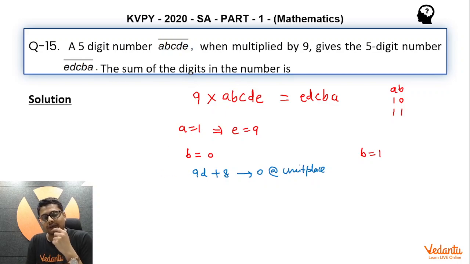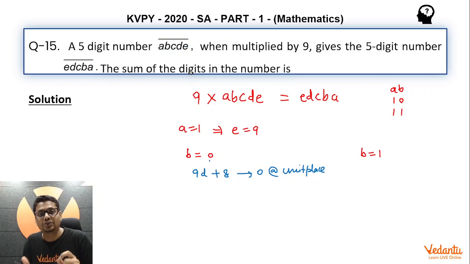Now check it out. When you take D to be 0, 0 plus 8, 8 is what you are getting, not 0. 9 times 1 is 9, plus 8 is 17. That means 7 is what you are getting, and B is supposed to be 7. But here, B is supposed to be 0. So 9 times 2 plus 8 gives you 26, 6 being B. But that's contradictory.